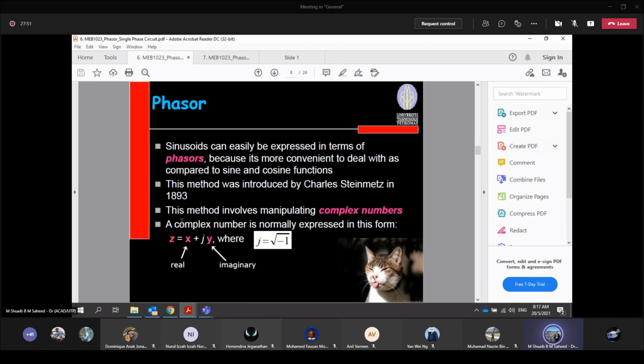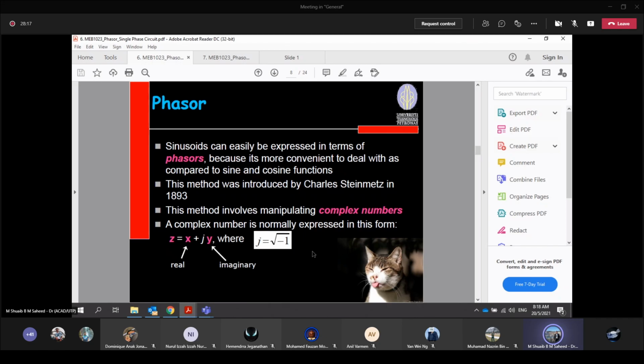These methods involve manipulating complex numbers. And complex numbers are usually expressed in this format. Observe, z equals x plus or minus jy, where j is the square root of negative 1, the imaginary. So the j stands for the imaginary value.